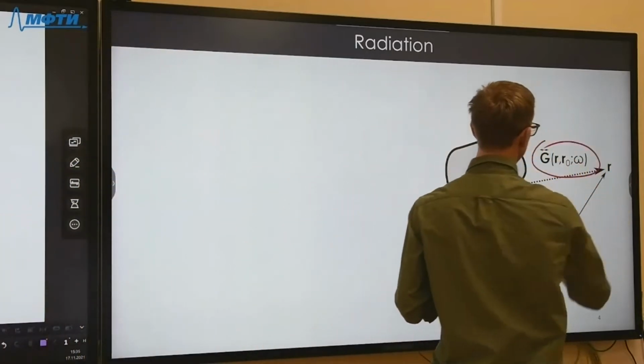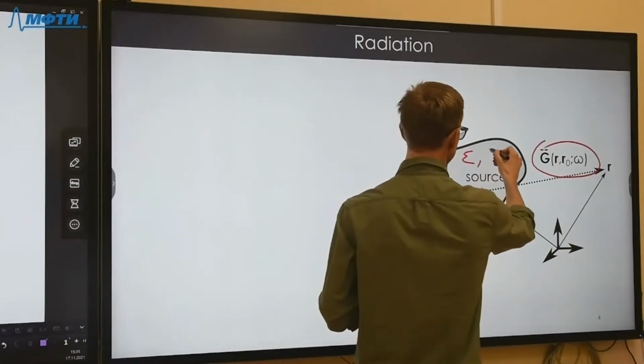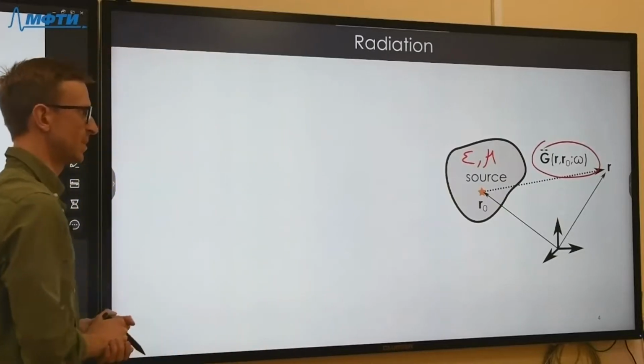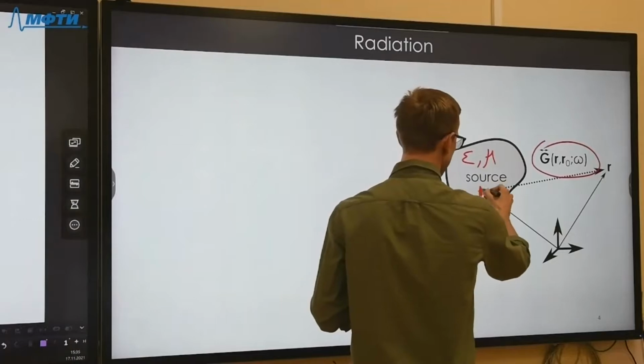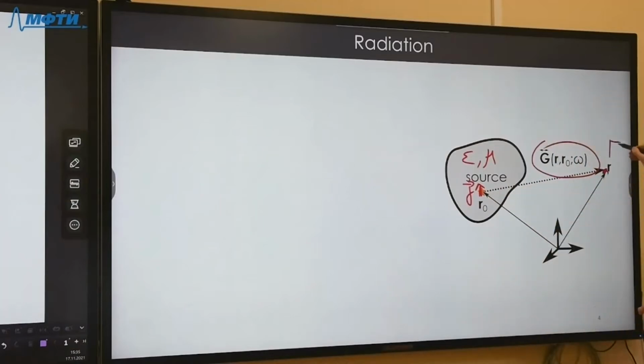For an arbitrary electromagnetic environment characterized by some permittivity and permeability tensors distributed in space, that tensor relates the current density at our origin J to the electric and magnetic fields that we want to calculate in the observation point.